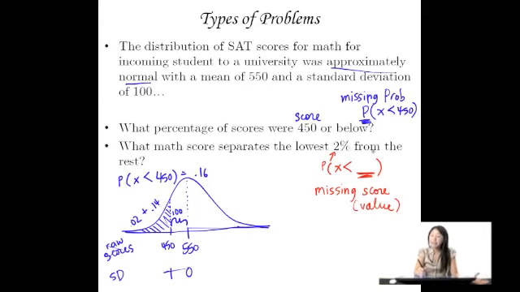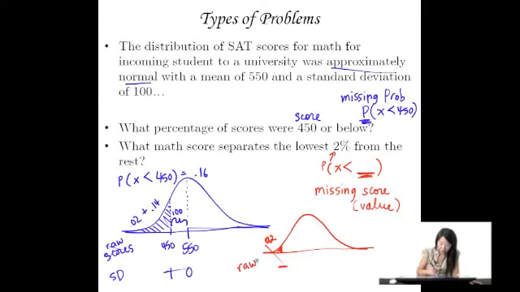Now what about when we're missing a score but we have the probability? Well, let's sketch this one out as well. So here we have this 2%, right? And we want to know what is this value right here, right? Now we know that although we don't know the raw score right now, we do know in terms of standard deviation that at about in between 2 and 3 standard deviations away, that's about the 2% mark.